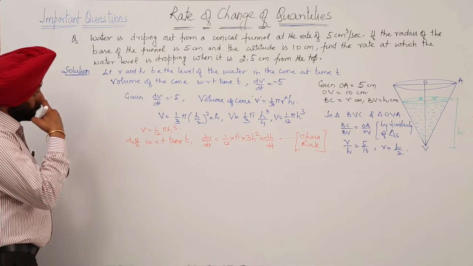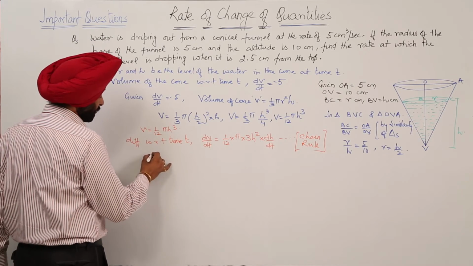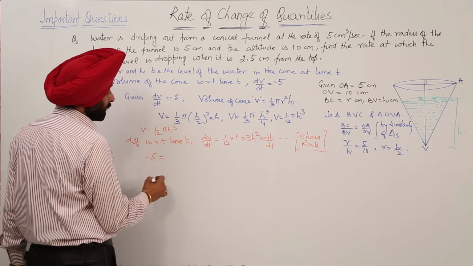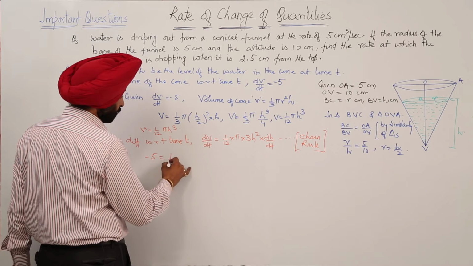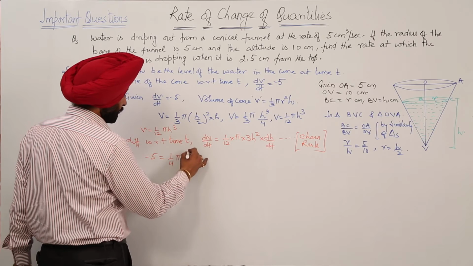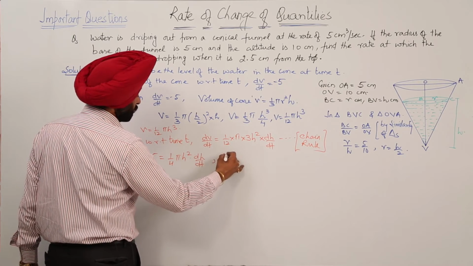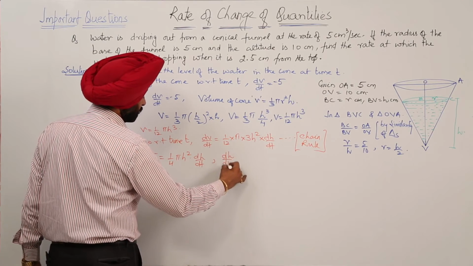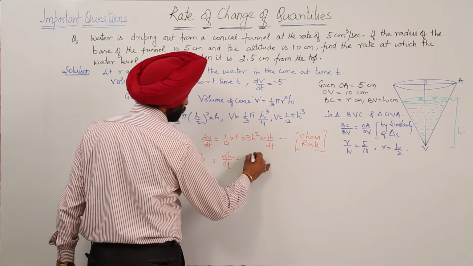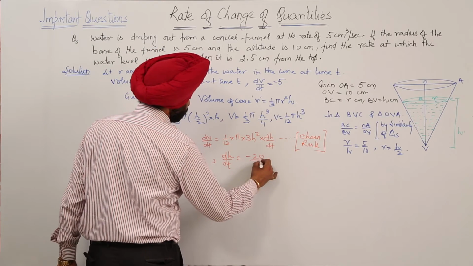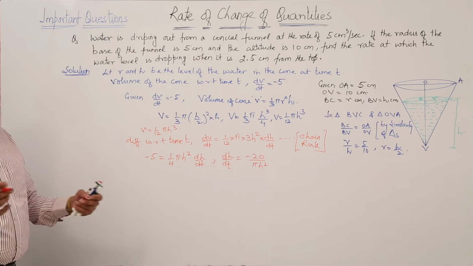Now let's solve it. dV by dt is negative of 5. So negative of 5 indicates decreasing. Negative of 5 is equal to 1 by 4 pi h square with dH by dt. Now dH by dt is equal to minus 20 upon pi h square. This is what we have to find.